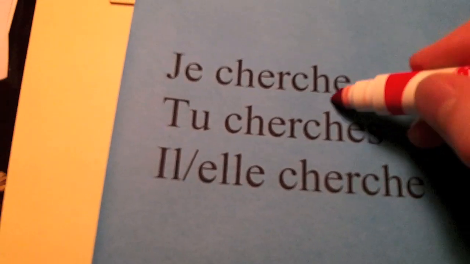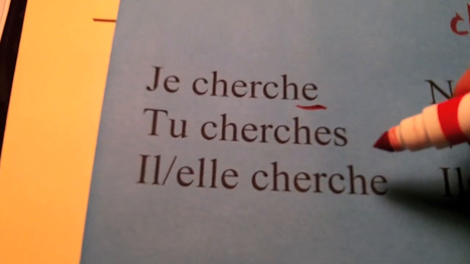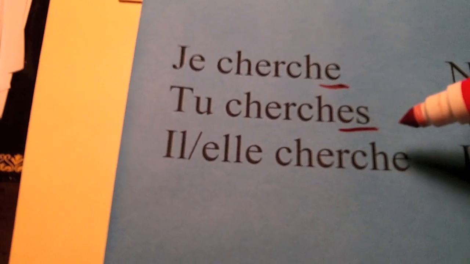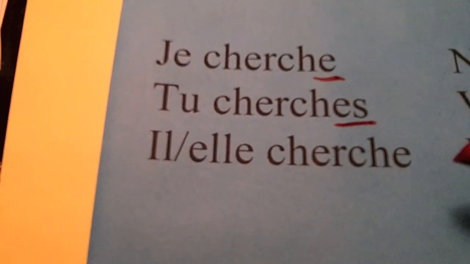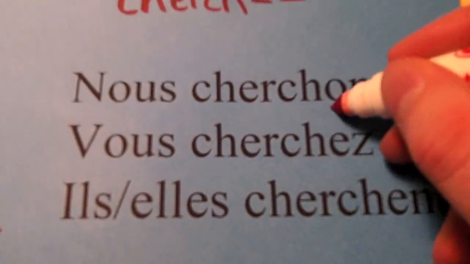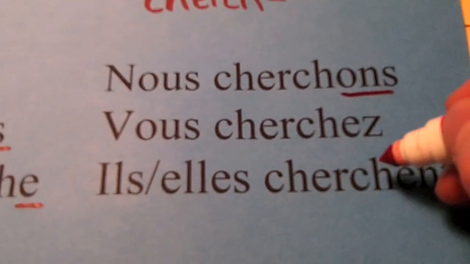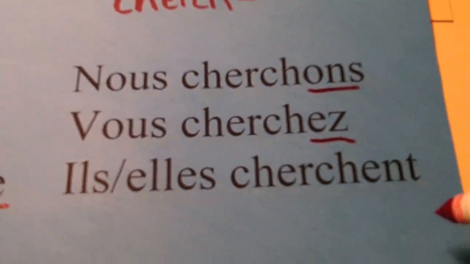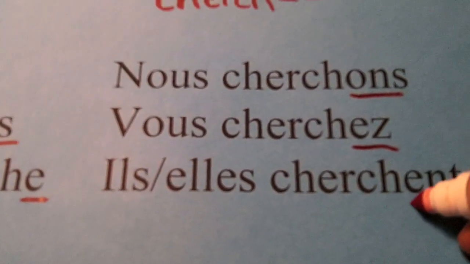For je, we're going to add an E. For tu, ES. Il, E. Nous, ONS, vous, EZ, and ils, ENT.